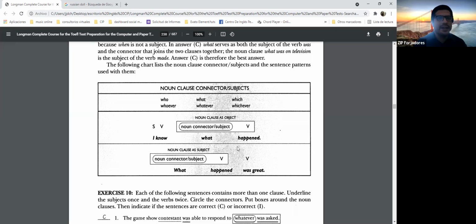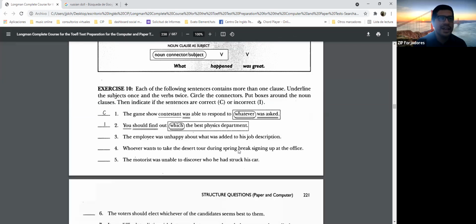Exercise 10. Each of the following sentences contains more than one clause. Underline the subject once and the verb twice, circle the connectors, put boxes around the noun clauses, and then indicate if the sentences are correct or incorrect. Number one: first I identify my verbs and subjects. Was asked is a verb. Was able to respond is another verb, with a modal.